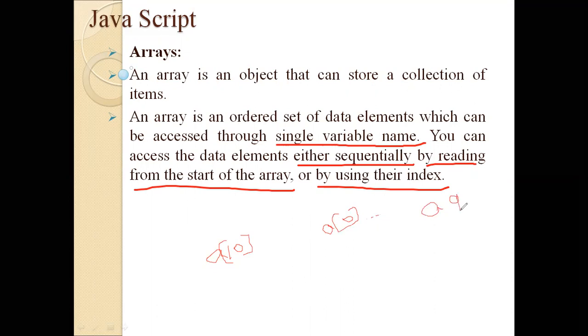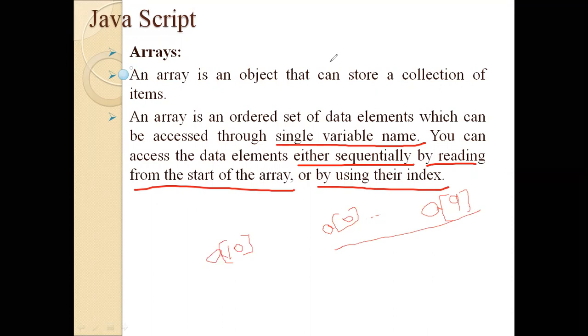As we all know, array index starts with 0 and ends at n minus 1. Here the n value is 10, so it will end at a of 9. So there will be indices a of 0, a of 1, a of 2, a of 3, and so on, up to a of 9, right?